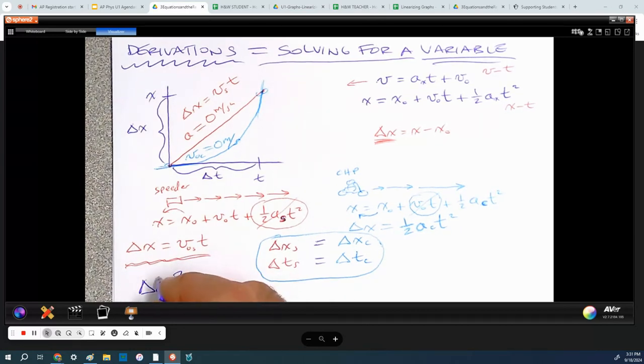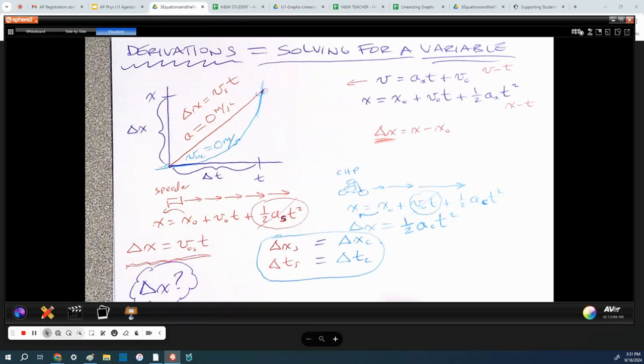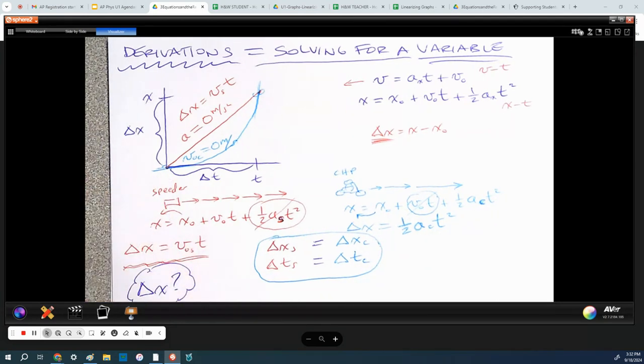So if I want to find what delta x is equal to, I've got to have an equation that has delta x in it. So what I'm going to do is change this to t equals, and change this to t equals. If I do the math for this and solve for t, what I'm going to do is set t equal to t.